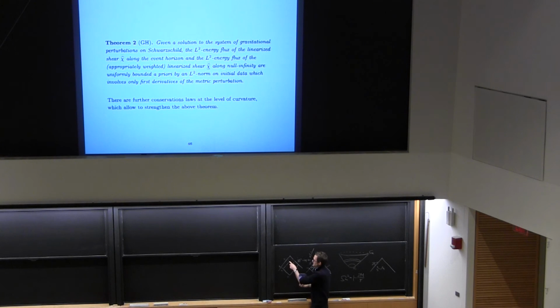Okay, and in the limit, this boundary term that you get from changing the gauge here and the boundary term that you get here cancel, and that's what gives you a positive definite quantity.